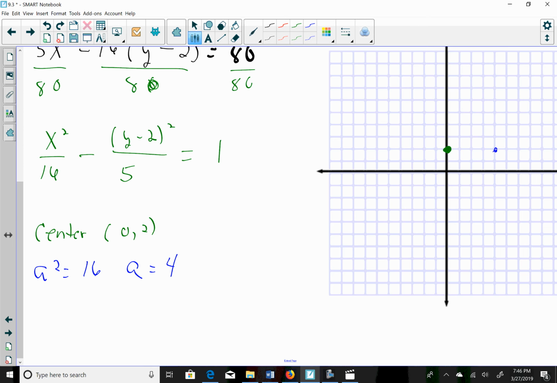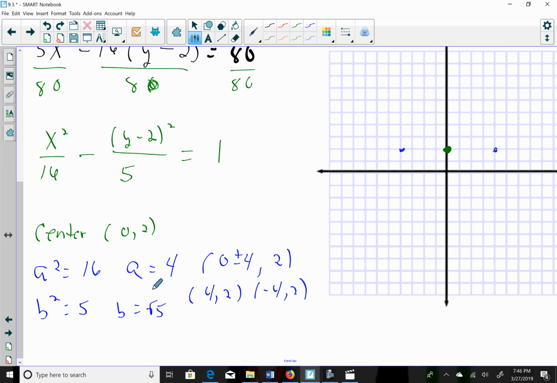1, 2, 3, 4. To write those coordinates, I would take my center, which is 0, add or subtract that 4 to my center coordinate, and 2. So I'm going to end up with 4, 2, and negative 4, 2. My b squared is equal to 5, which means b is equal to the square root of 5.